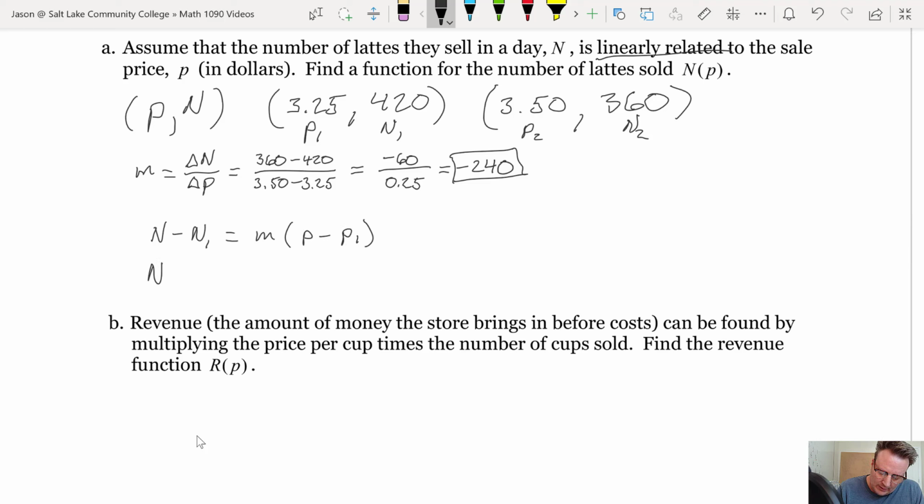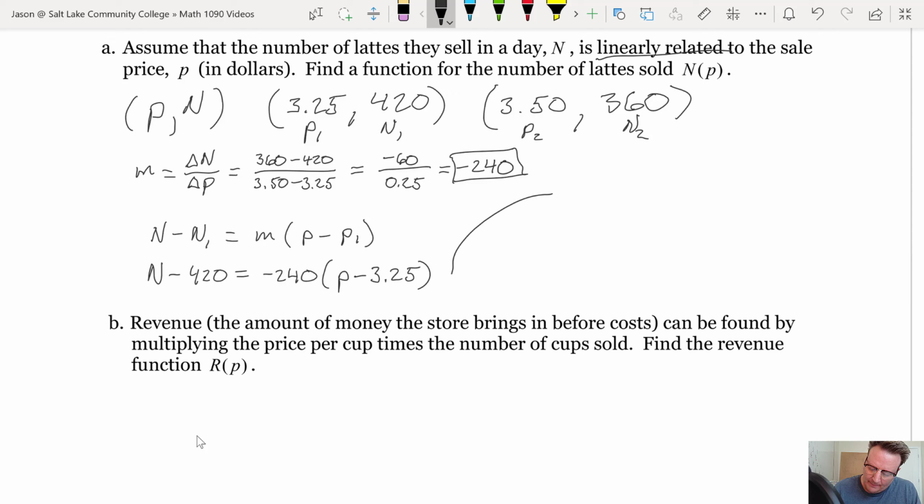So n minus n1, this will be n minus 420, is equal to negative 240 times P minus P1, which is 3.25.